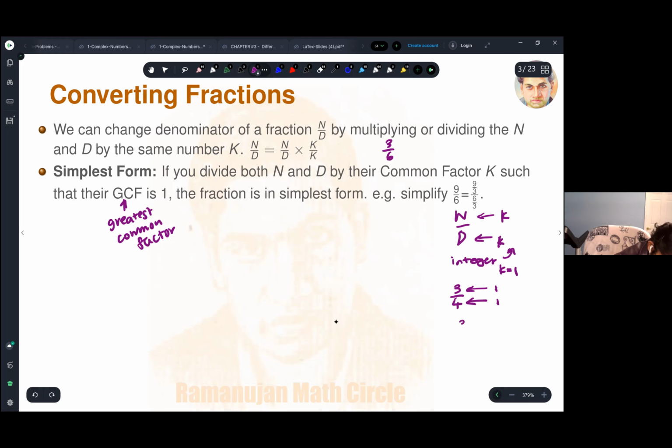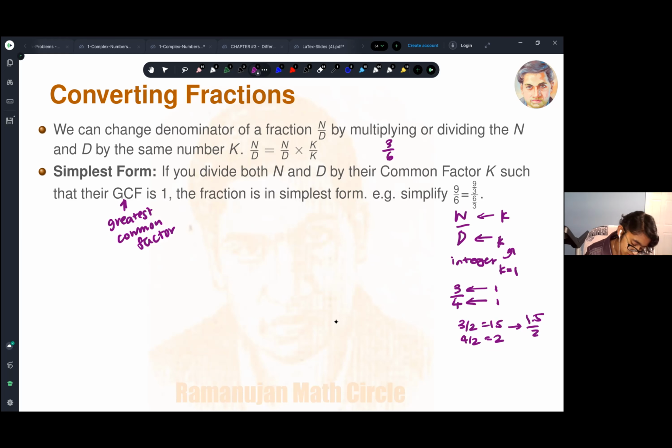If you divide 3 by 2, you get 1.5, and 4 by 2 you get 2, so that's 1.5 over 2. Yes, this is equivalent, but you're not supposed to do that. You don't generally go into decimals. You try to keep it as whole number over whole number. So the simplest form is when the only common factor you can divide by is 1.